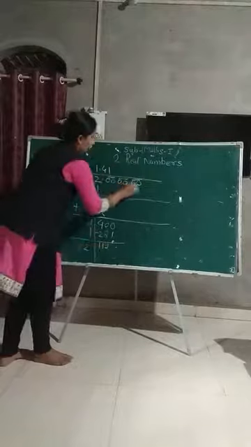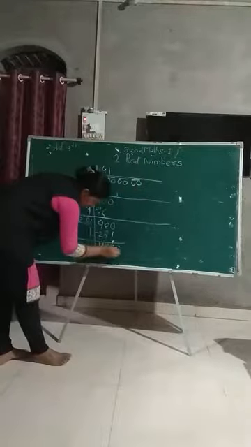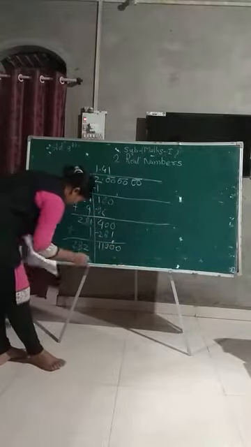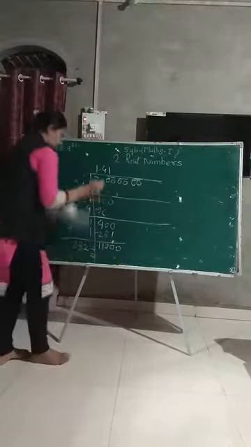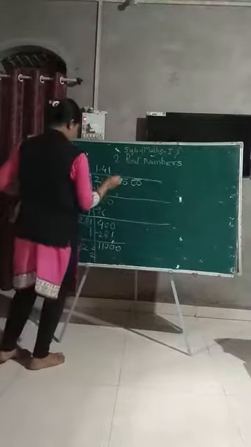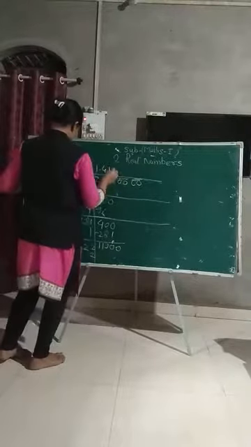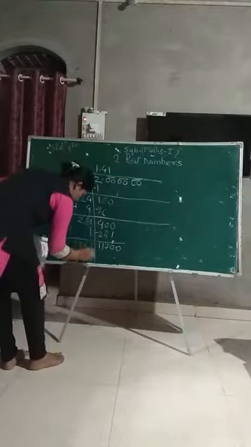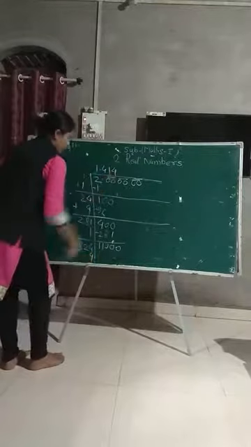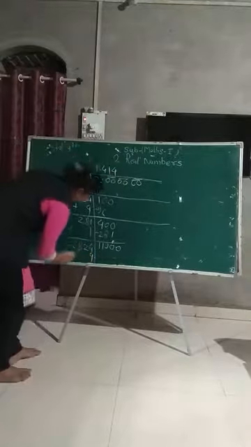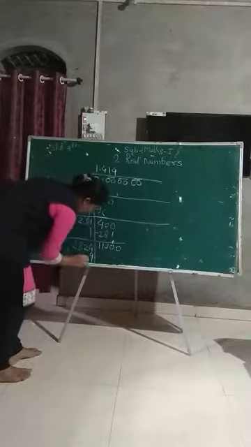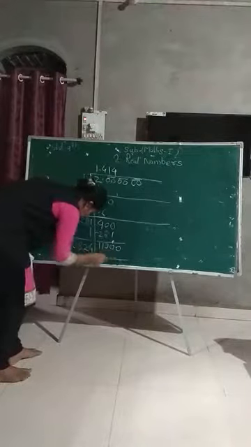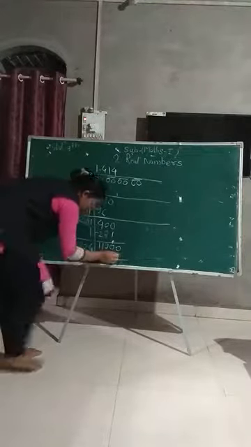Now here we take 2 zeros, and then here also we take 2 zeros. Now here we take the number 2. Then 4, 4. So here we also take the number 4. We write the number 4. Now we will do addition here. 4 4s are 16.